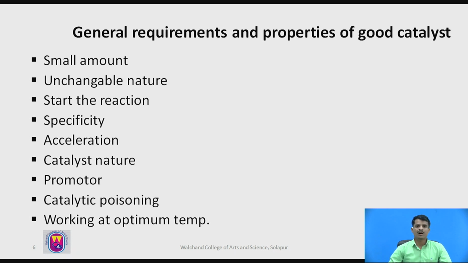Also, the small grain size on the catalyst surface, or particles having small size, provides more surface area. Hence, as they provide more surface area, there is more activity or efficiency of the catalyst.